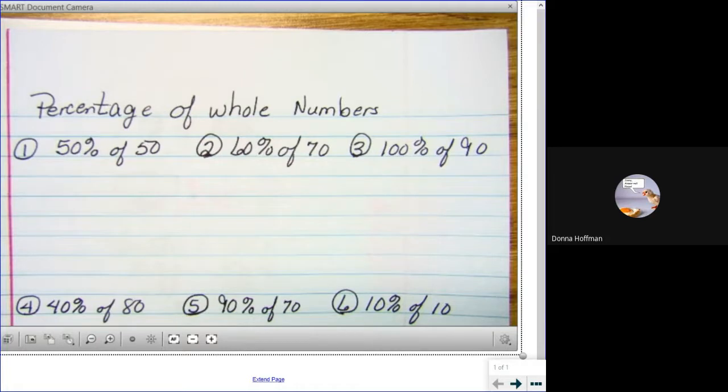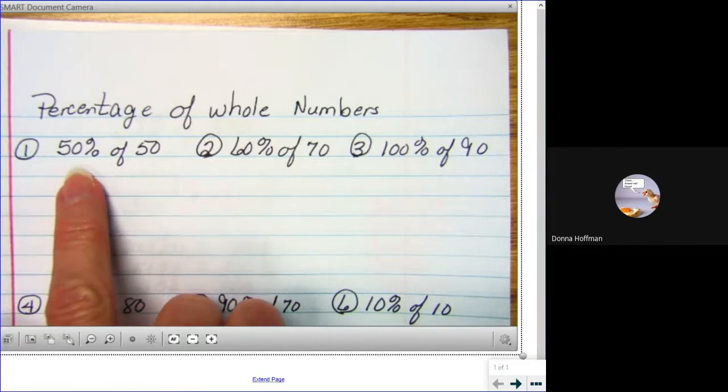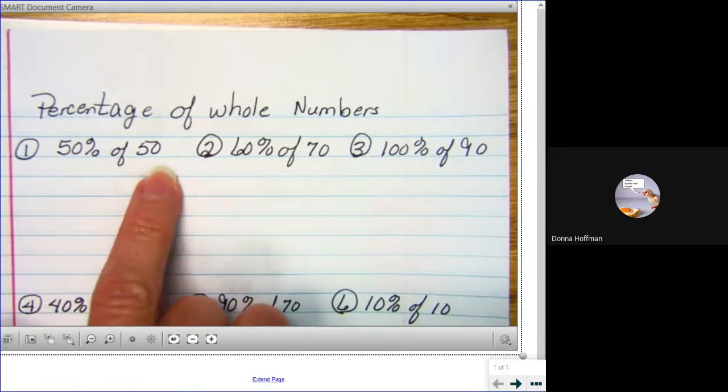What do you know about 50%? It's half of something. What do you know about 50? It consists of 2 quarters when you think of money, right? So what's half of 2 quarters? 25, right? Do I even have to do the math on that one? Not when you have a problem that's this easy. What is half of 50? Duh, it's 25.